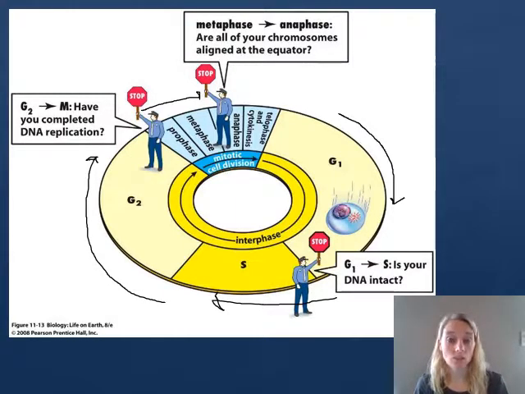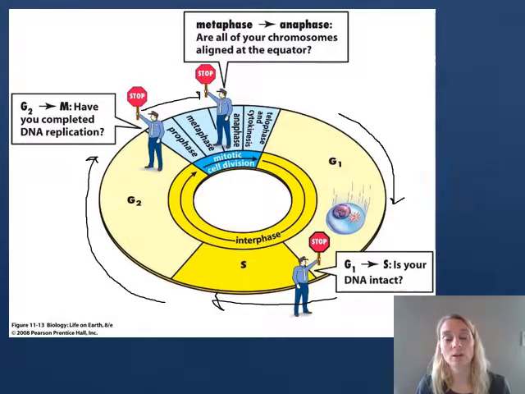Now, with cancer, a lot of times what happens is the mutations that cause cancer are in these checkpoint proteins. So the proteins that say, stop to see if your DNA is intact, stop to see if your DNA is replicated, that's the problem.